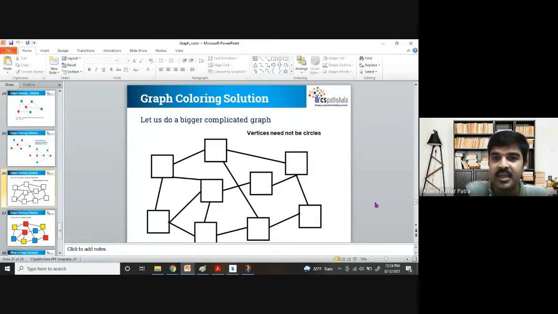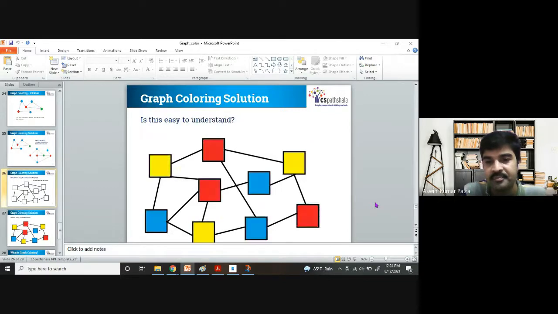Okay. And let us do a bigger complicated graph. You can give such complicated problems to your students, and the complications should be increased in an incremental way. It's not like all of a sudden you give them a very complicated problem, but you start with the easy one, then a bit difficult one, then you can move to a very complicated one, and so on.